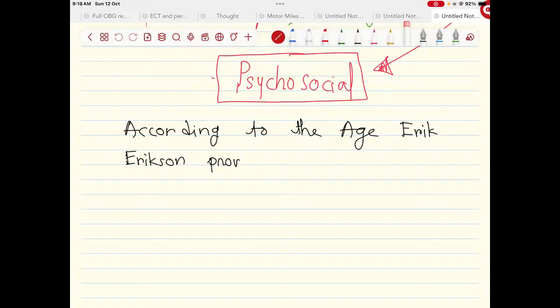And the next one is generativity versus stagnation. What is generativity? This type of individual, around age 35 to 60, is thinking about their generation, the newer generation that is coming after them, those in the lower stage.